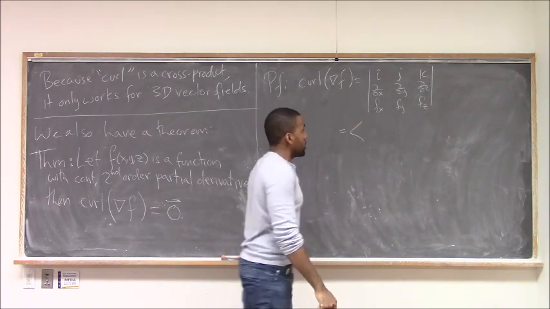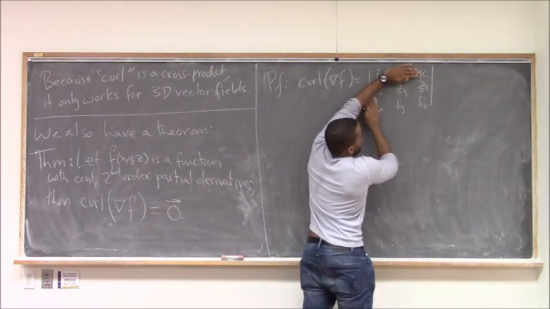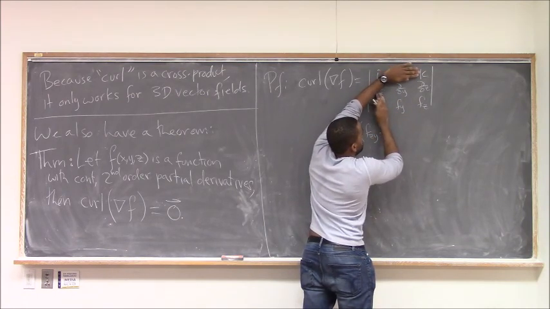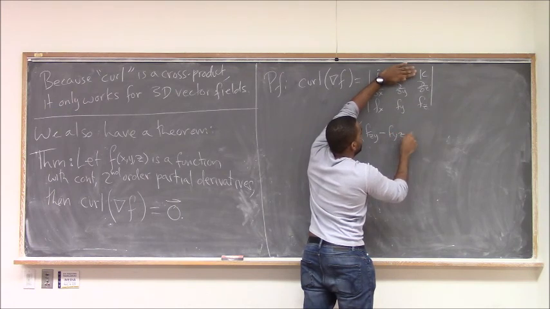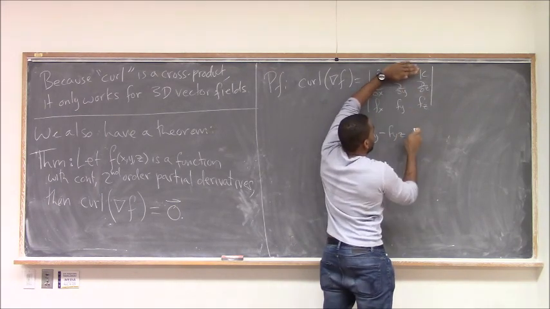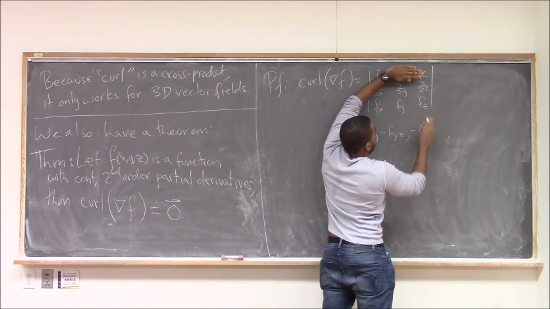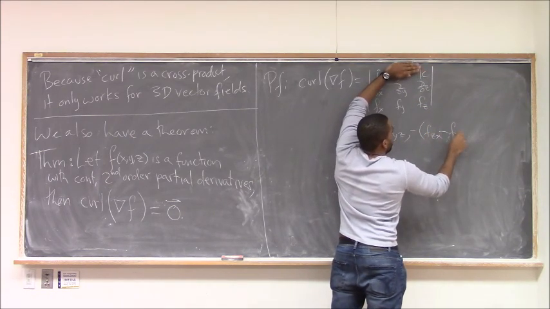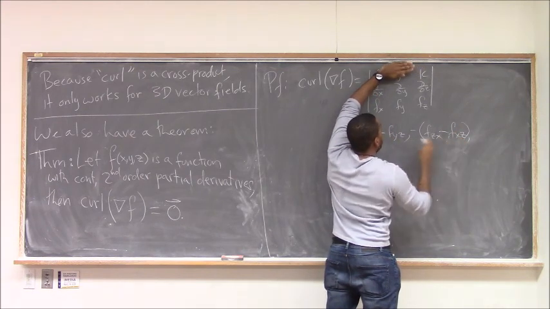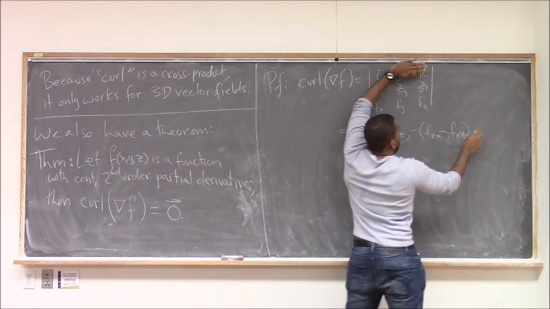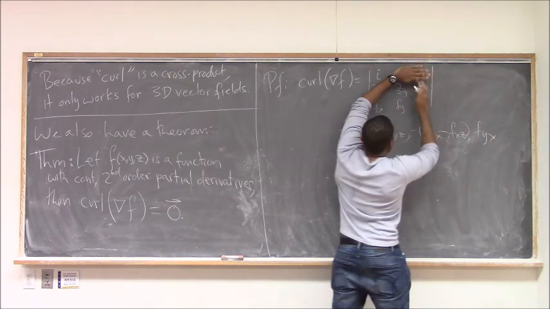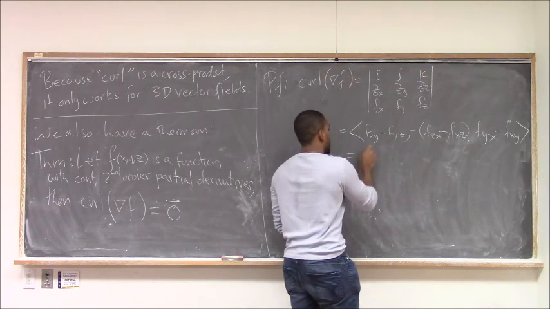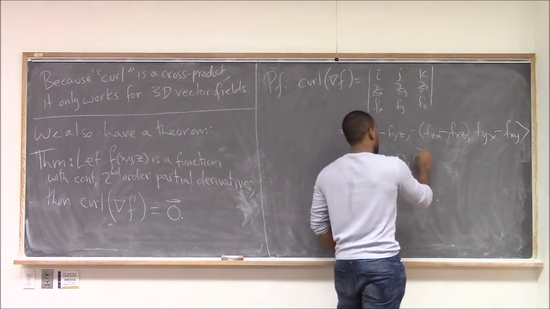So now if I compute the vector, what I would have is f_zy minus f_yz. Do the middle one, I would have f_zx minus f_xz. Do the third one, I would have f_yx minus f_xy, and that's equal to 0, 0, 0 by Clairaut's theorem.